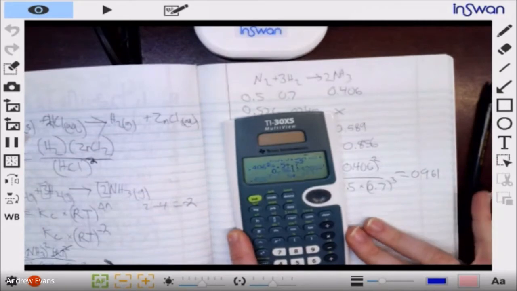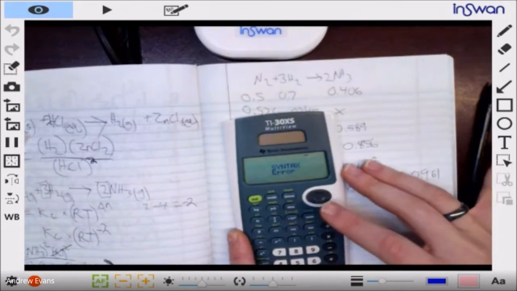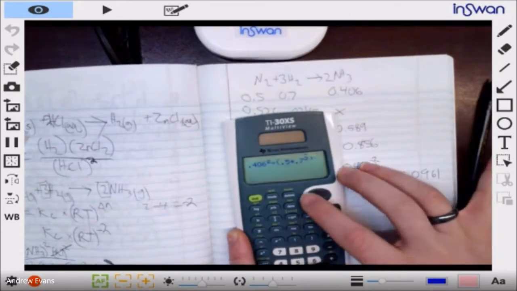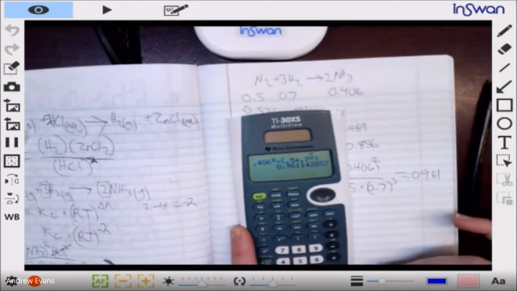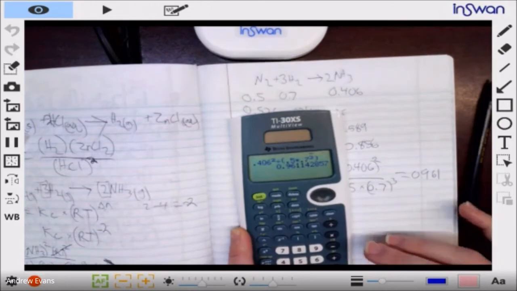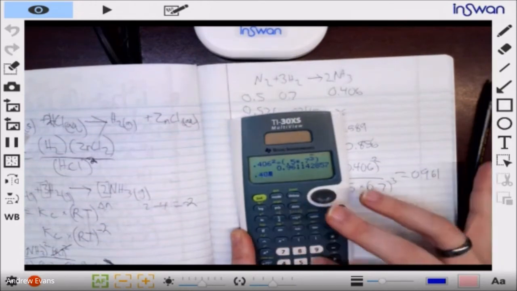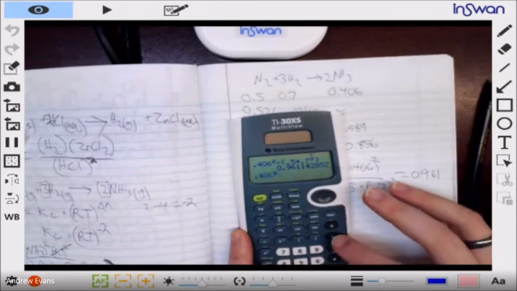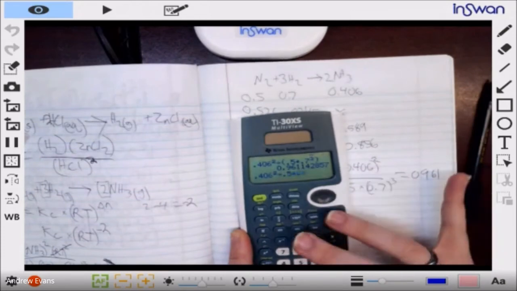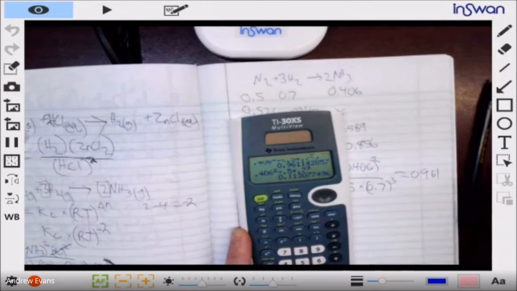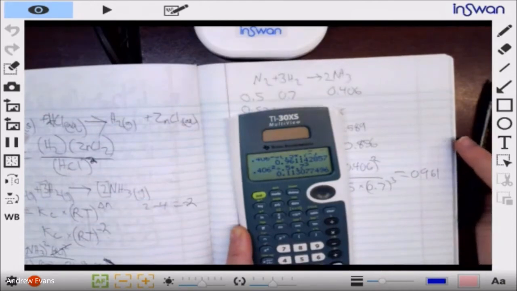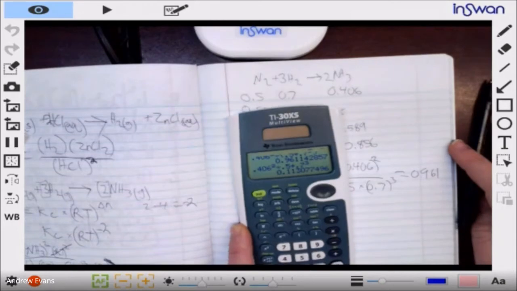I've got to make sure. I get 0.961. Whatever you do, don't type 0.406 squared divided by 0.5 times 0.7 cubed without parentheses, because then you're going to get a completely different number. Make sure order of operations is always in effect.